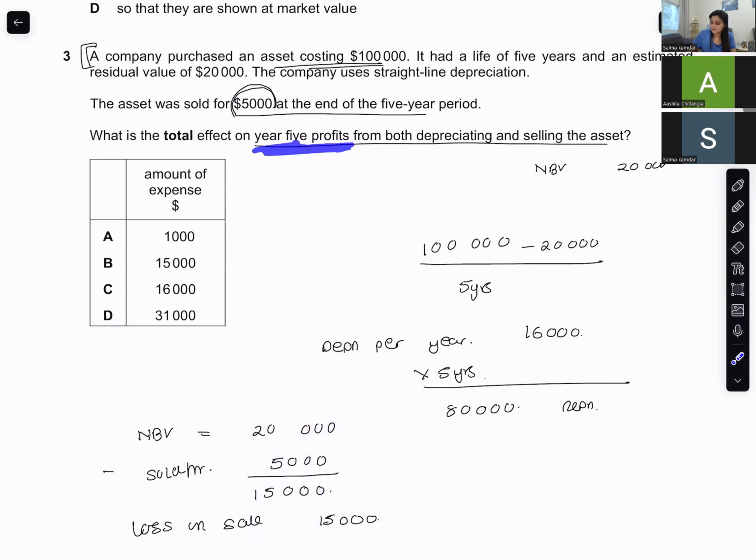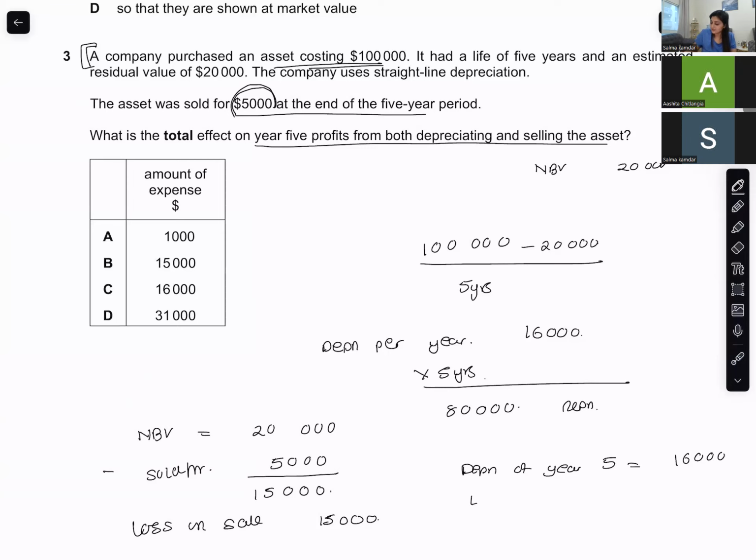So they want the effect on year 5 profit, when you're depreciating the asset and you're selling the asset. The depreciation of year 5 is how much? 16,000.